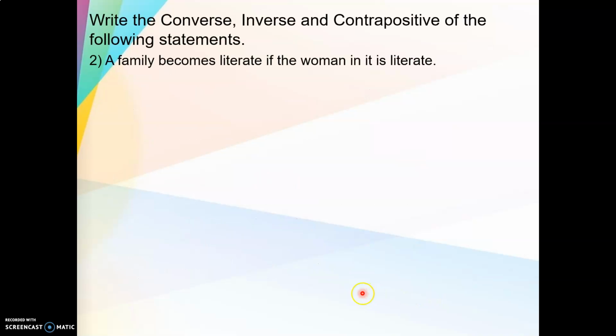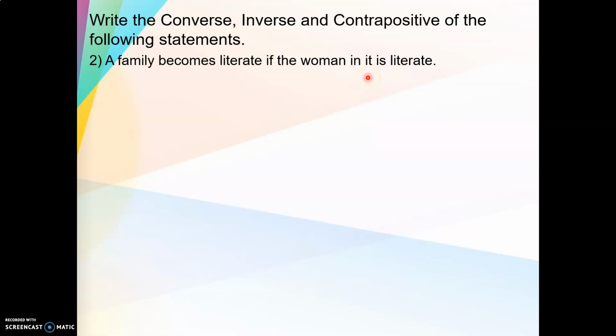Next example is, a family becomes literate if the woman in it is literate. In this example, we already discussed this kind of implication statement in the implication topic. Here, a family becomes literate is one simple statement. But after if, the woman in the family is literate is given.